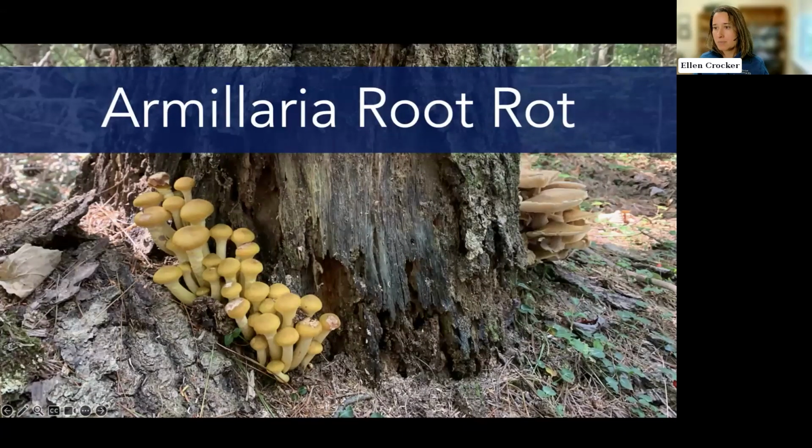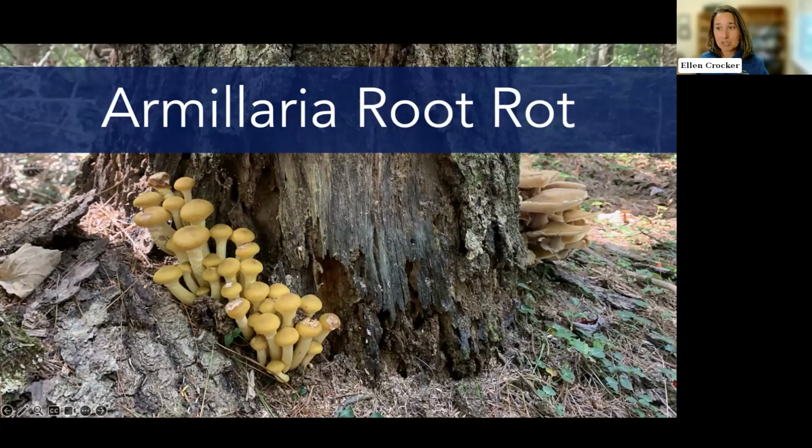So what are some species that commonly cause decay in our trees? Armillaria root rot is a really common one. There are many, though. But one of the challenging things is that you might see them when they produce mushrooms, whether it's Armillaria root rot or something else. And it does in the fall. You'll see these mushrooms, people call them honey mushrooms, growing from the base of the tree.